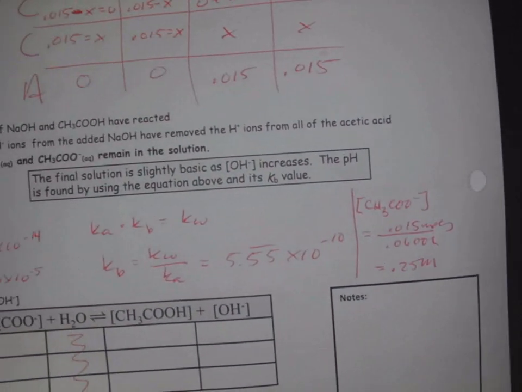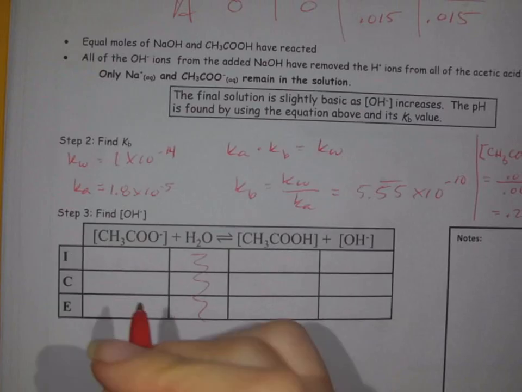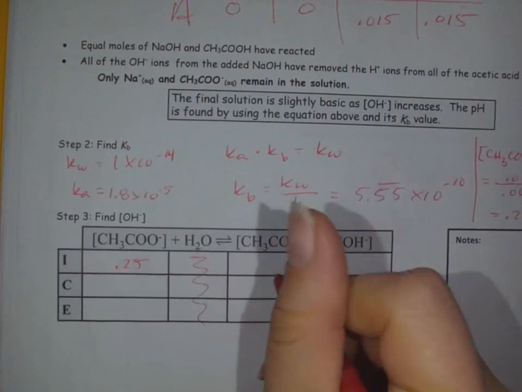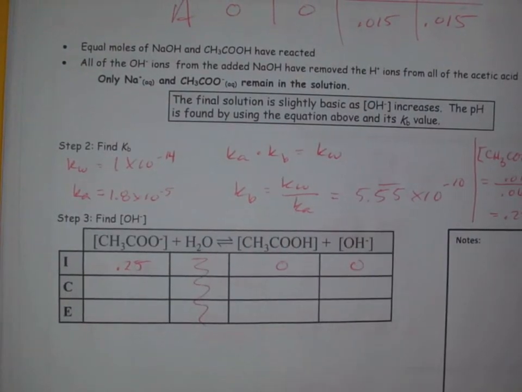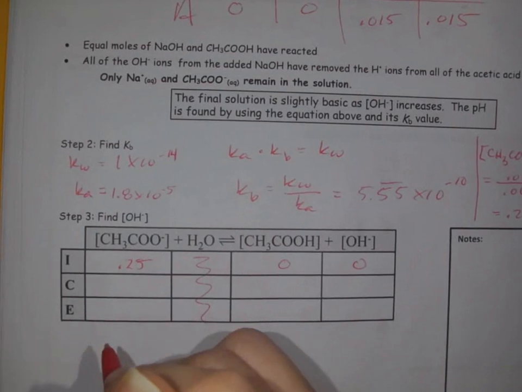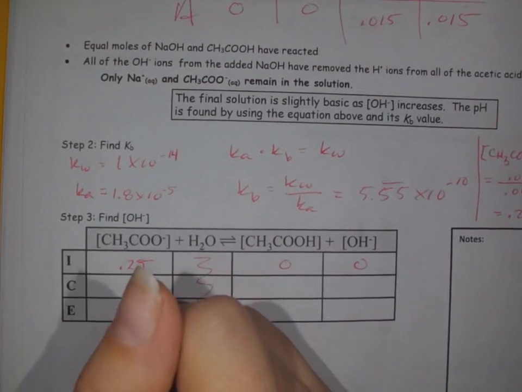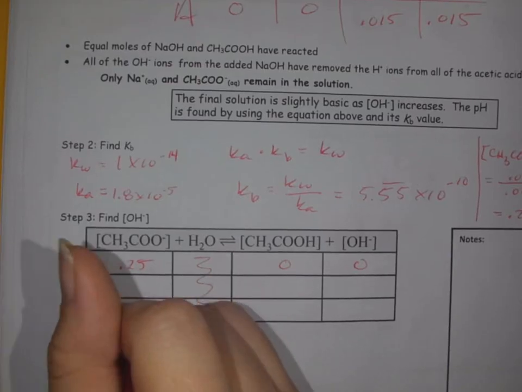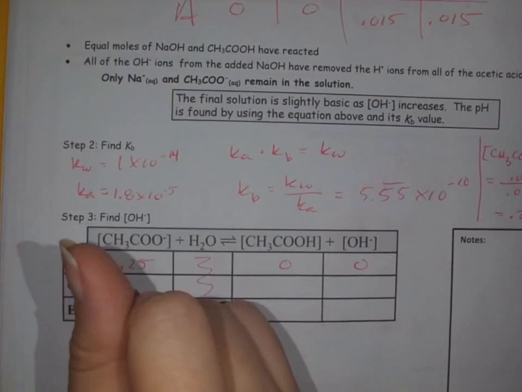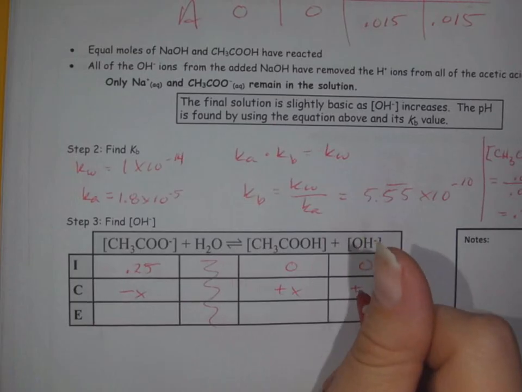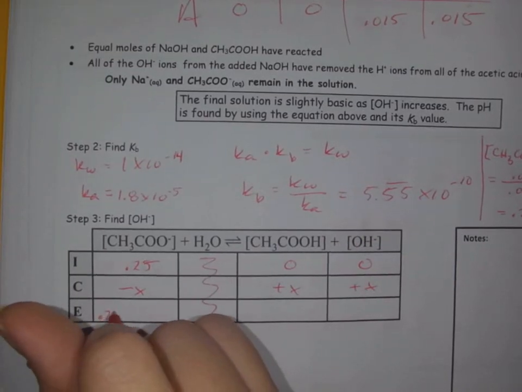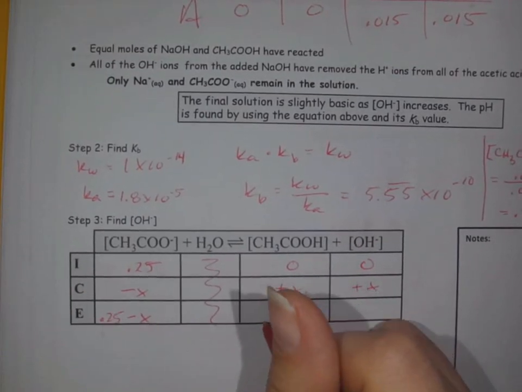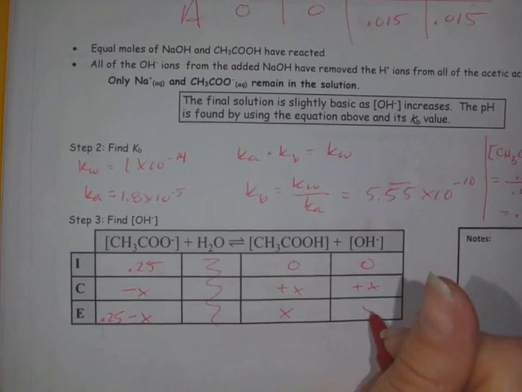So concentrations are what go inside of ICE tables. We get 0.25, and 0 for our products. Okay, we have initial, change, and equilibrium. So this change is going to be minus x, plus x, plus x, 0.25 minus x, x and x.